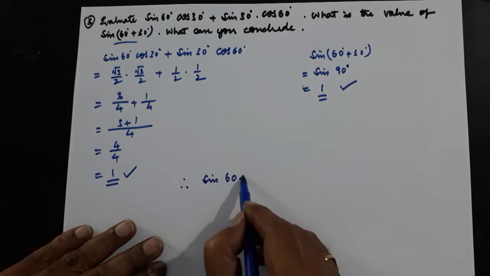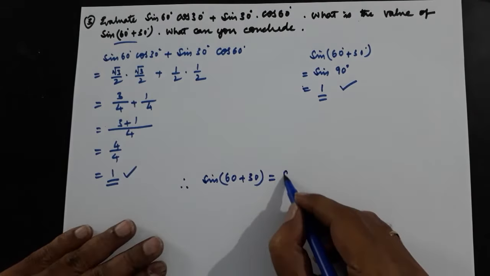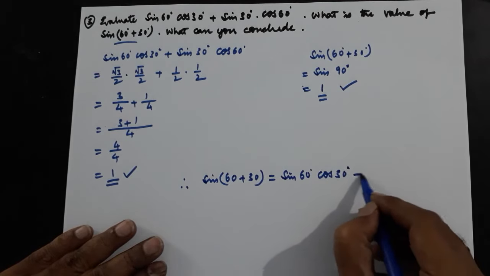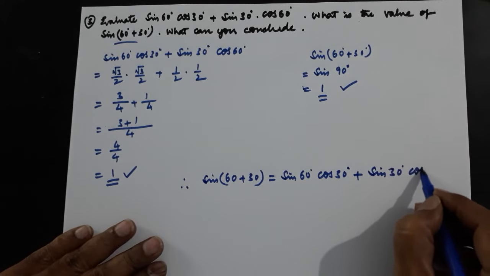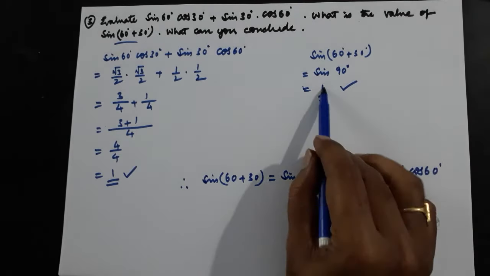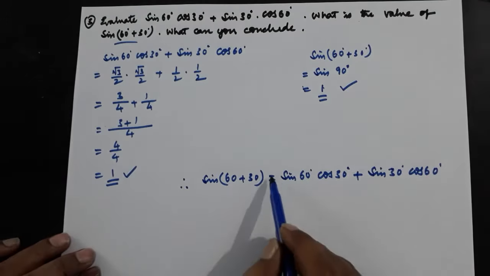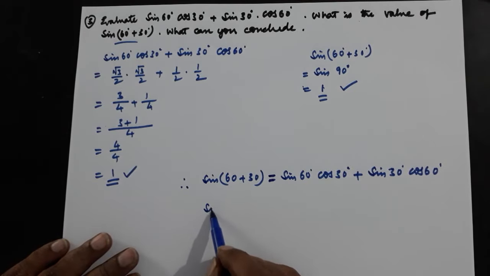Sine 60 plus 30 is equal to sine 60 cos 30 plus sine 30 cos 60. So we got this one 1, this one 1. So that means this and this are equal. Here actually this is a formula.